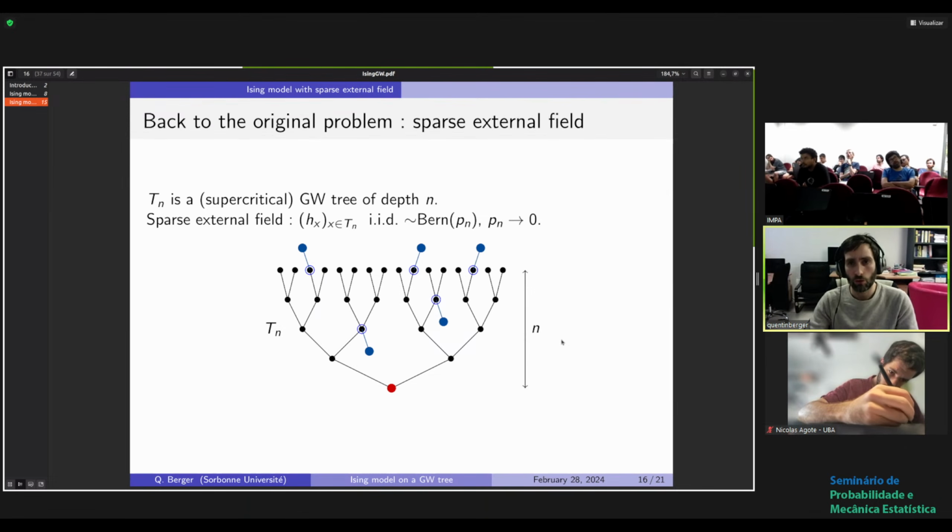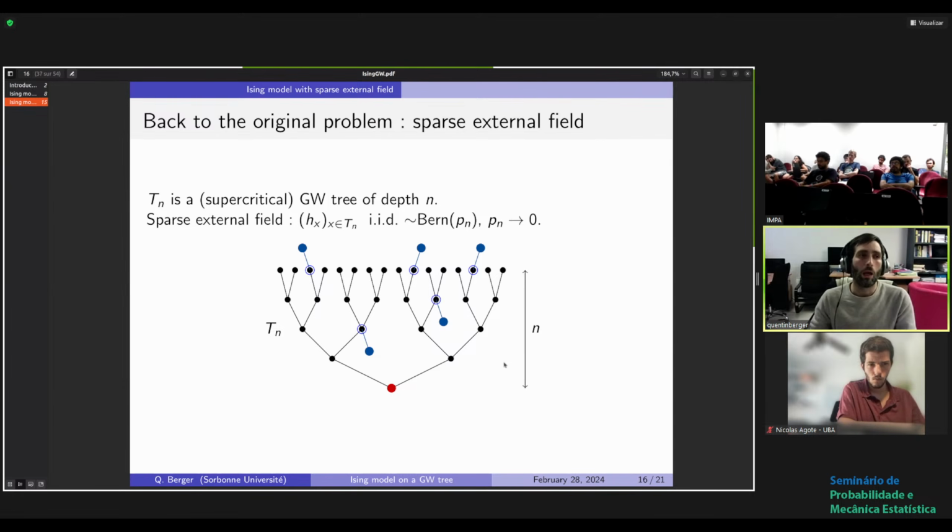You put a sparse external field on a Galton-Watson tree, Bernoulli random variables with parameter p_n going to 0. So I've put some Bernoulli random variables inside my whole tree. What I told you before is that in Lyons' iteration, it's really easy to get an upper bound, and the lower bound is harder, and it's actually where maybe you need the p-conductance.